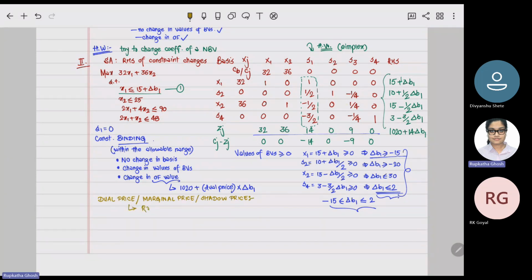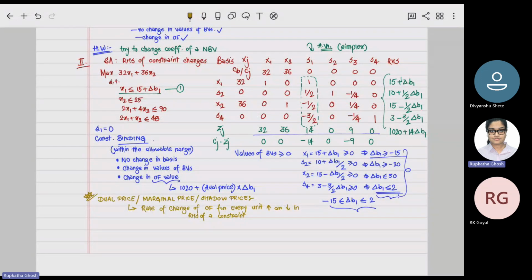That is, as I had repeated, the rate of change of objective function value for every unit increase or decrease in the right hand side of a constraint. Very important.